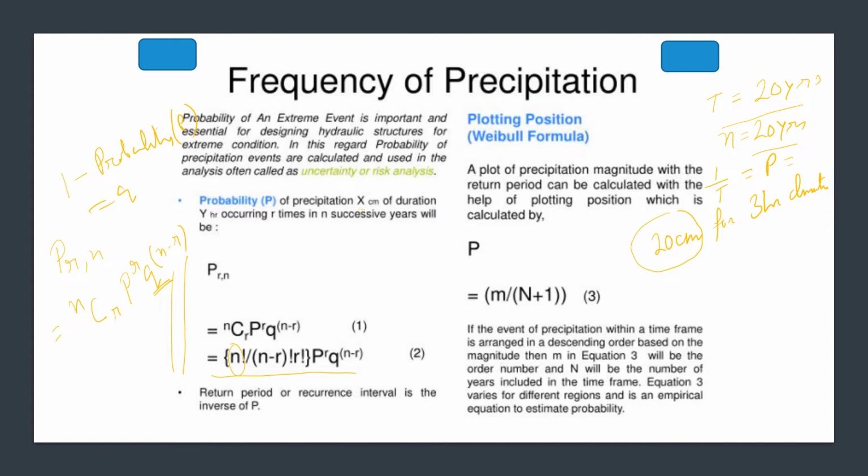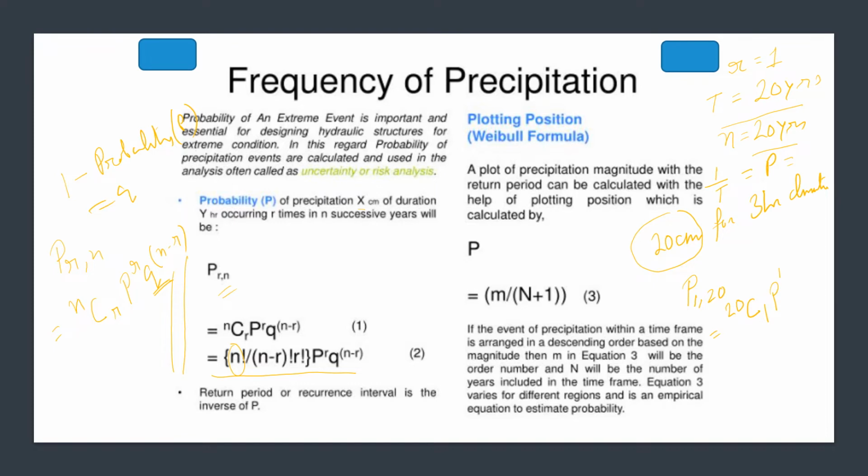What is R? I have asked the probability of it happening again in the next 20 years for one time only. So R is the number of times. So R is 1, n is 20. So you apply this formula, and it comes as 20C1 P1.